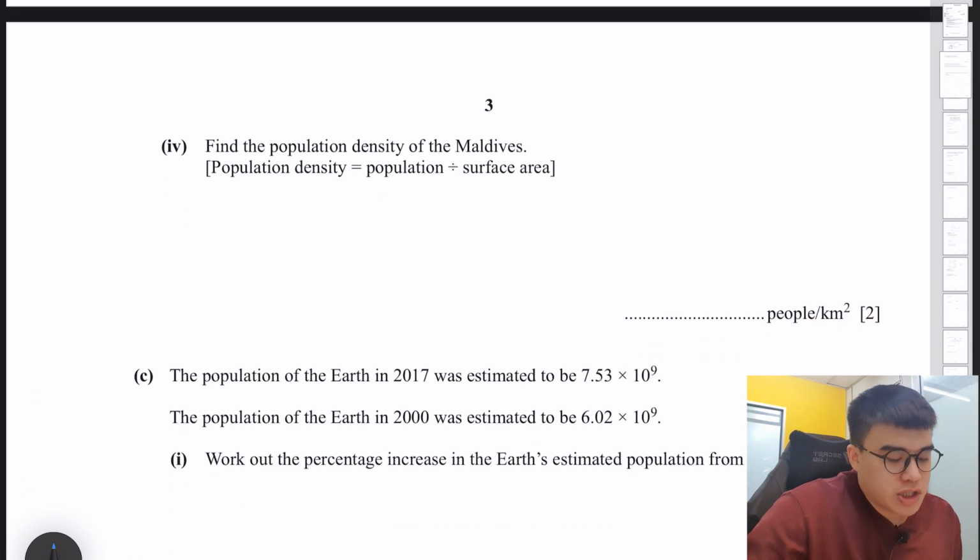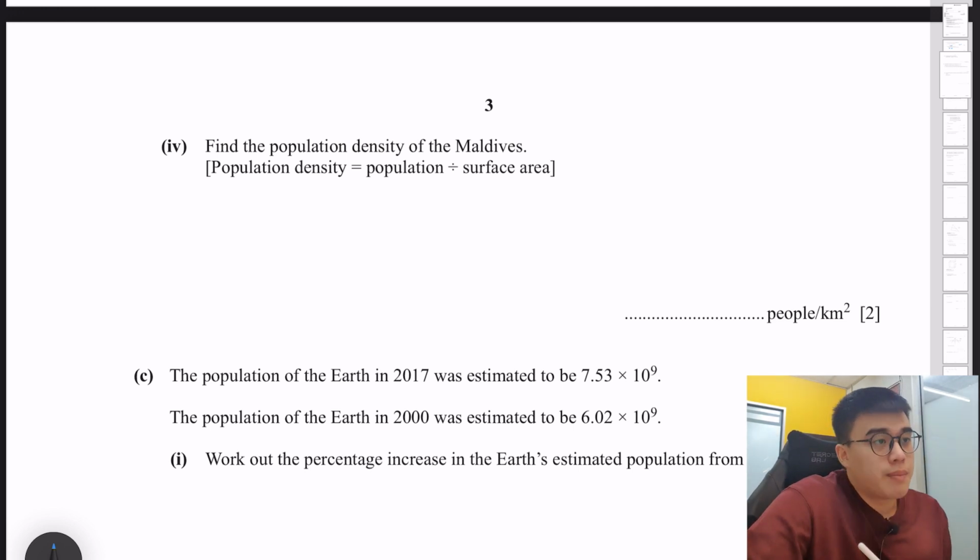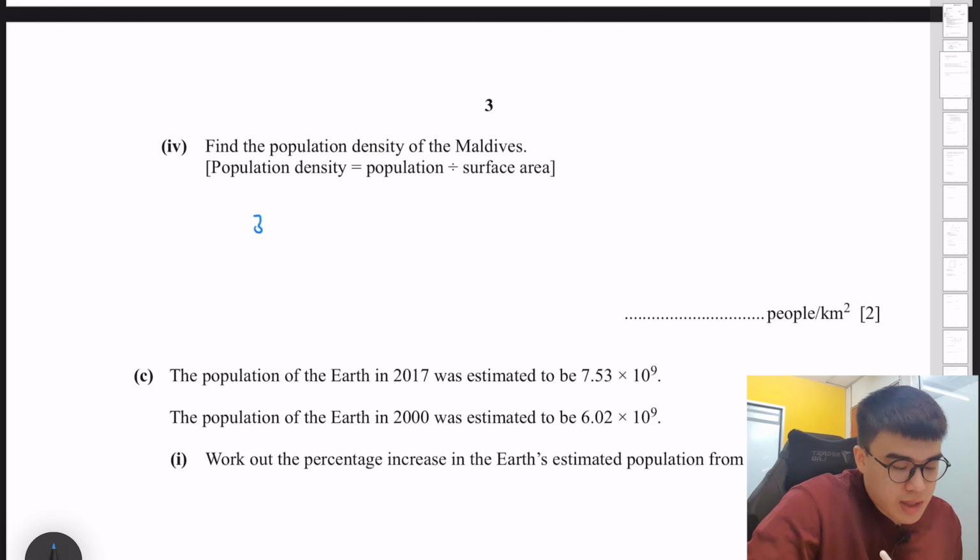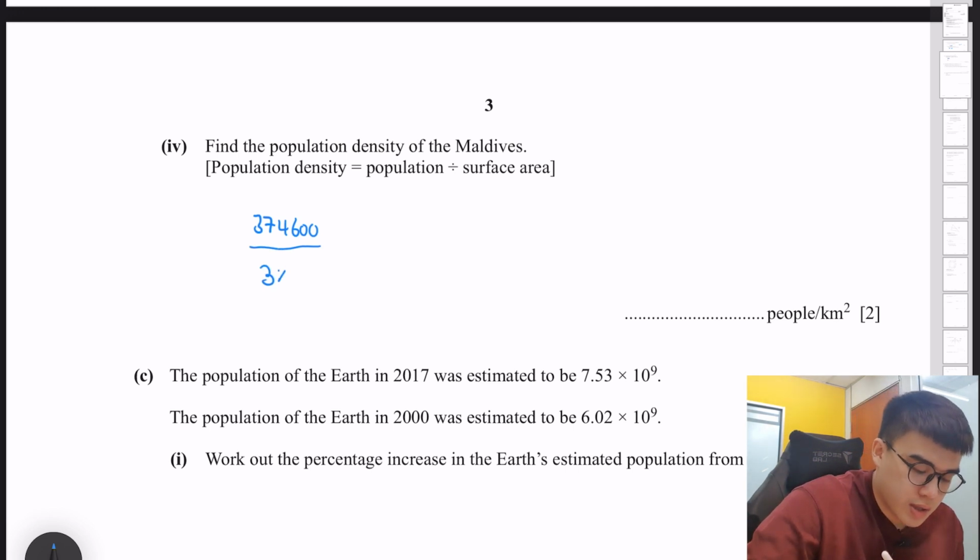Find the population density of Maldives, where you take the population divided by its surface area. For Maldives, we have 374 divided by the surface area that we have, which was 3 times 10 to the power of 2.